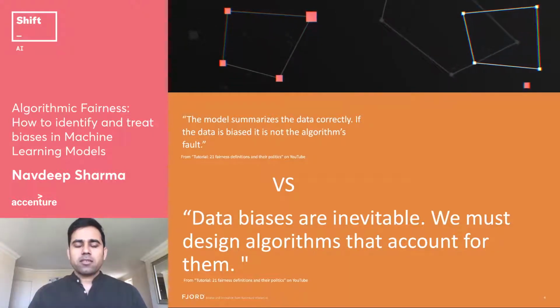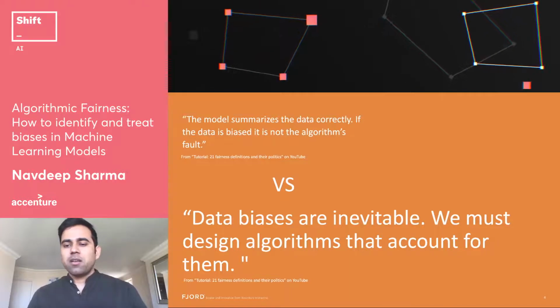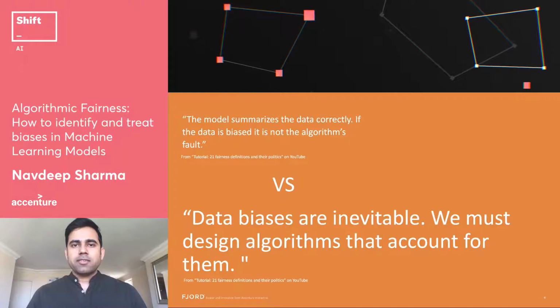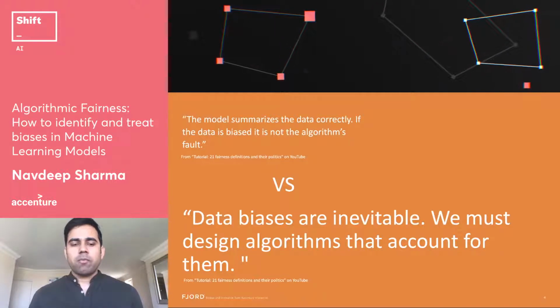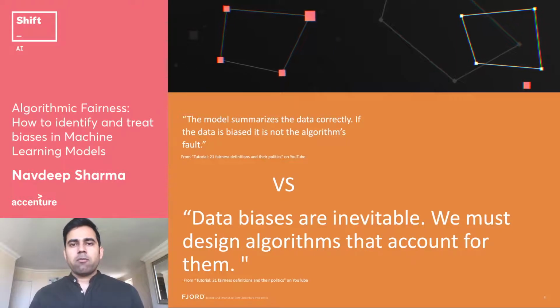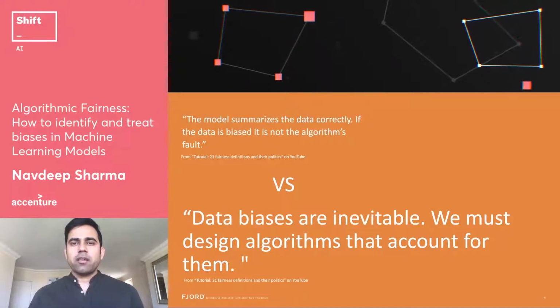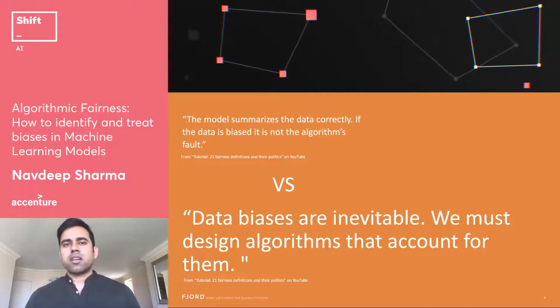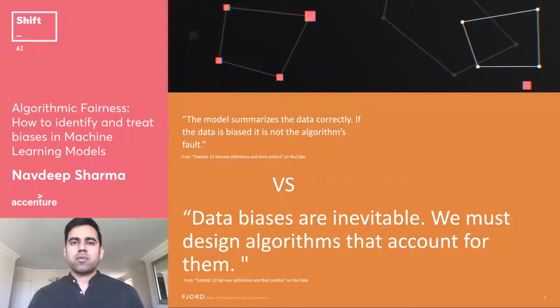Second, the data biases are inevitable. We must design algorithms that account for them. We certainly believe in the second thought process, where whenever we are designing any machine learning model using historical data, we take the assumption that historical data does not accurately represent the current society.